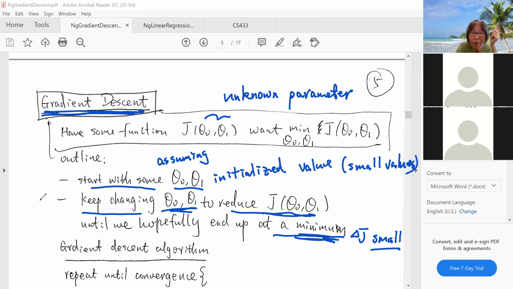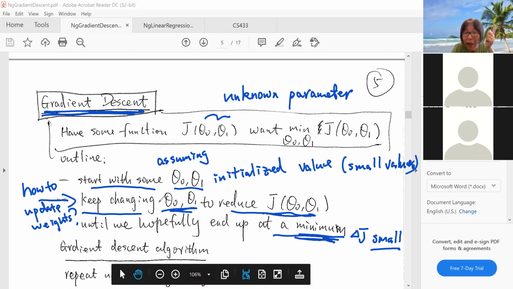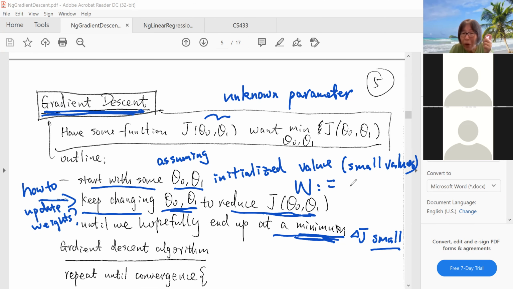But in gradient descent, you said keep changing the weight. How to update the weight? That's a key step. Basically, you want your weight to be updated.